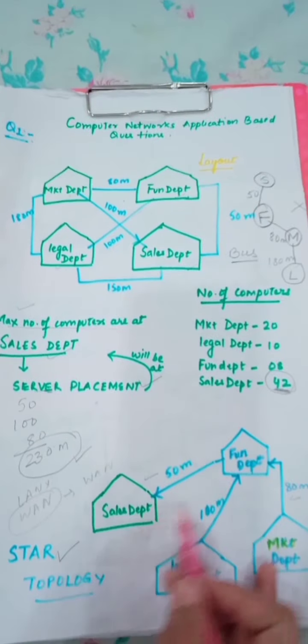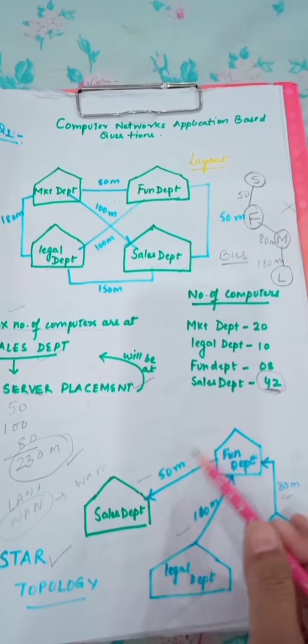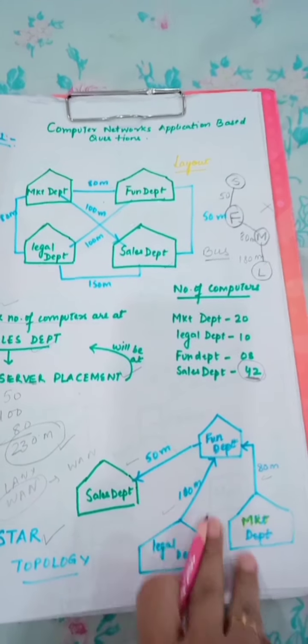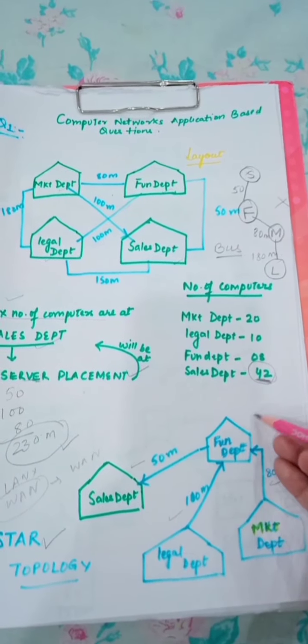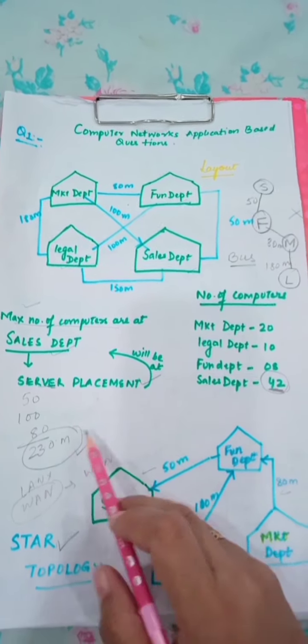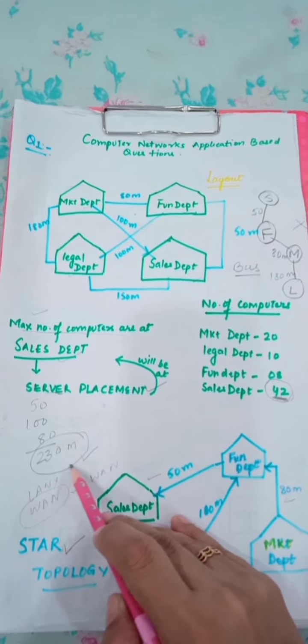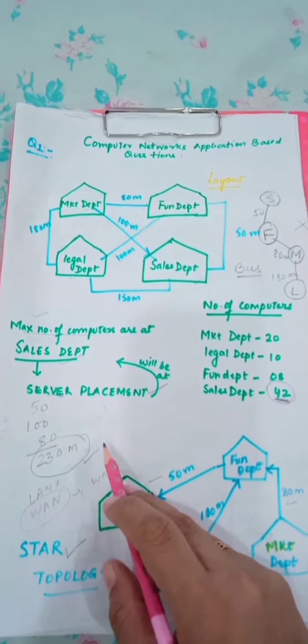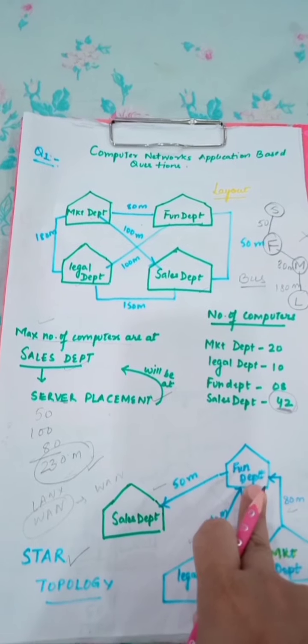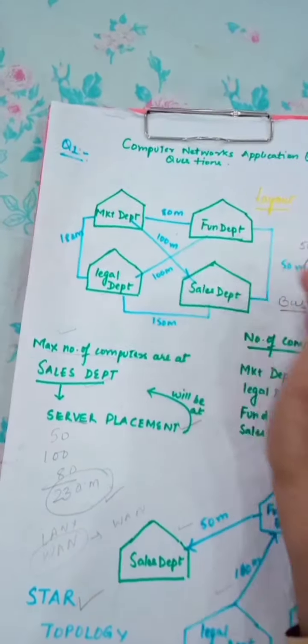Okay, so this is the kind of layout or topology which I have drawn out of it, but just see to it very carefully. If I calculate the total distance of this topology, then 50, 100 and 80, it is about 230 meters. Fine, but I can arrange these stations in some different topology also.